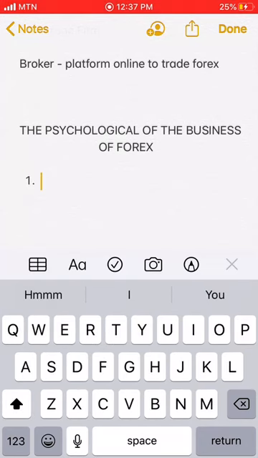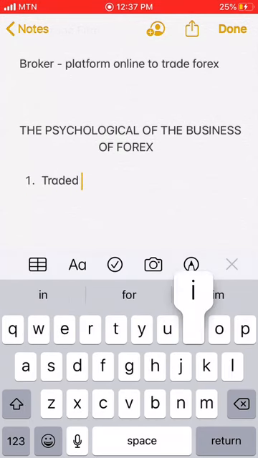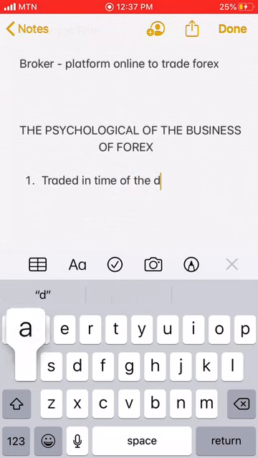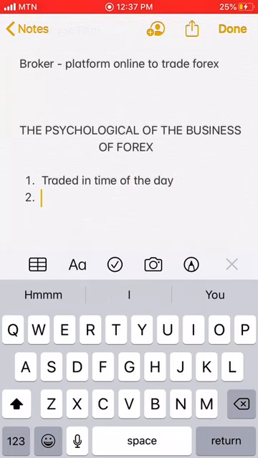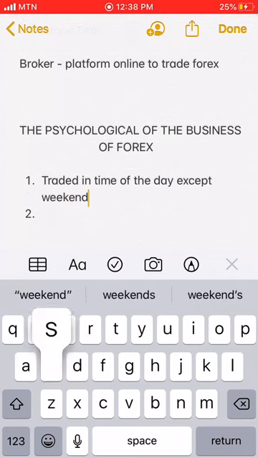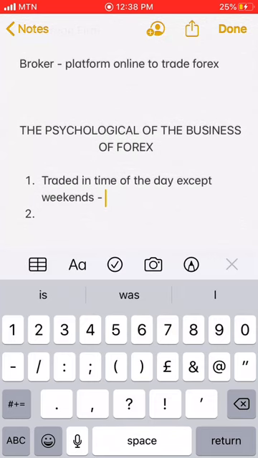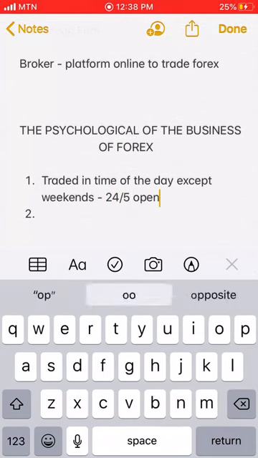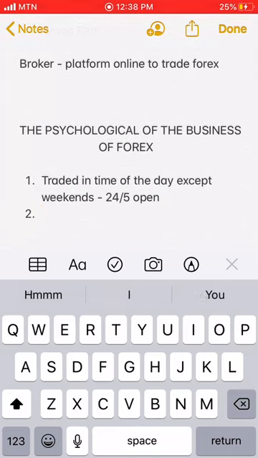First of all, like I said, it is traded any time of the day, except weekends. So it's 24/5 open at all times. That's the first advantage of this Forex market.